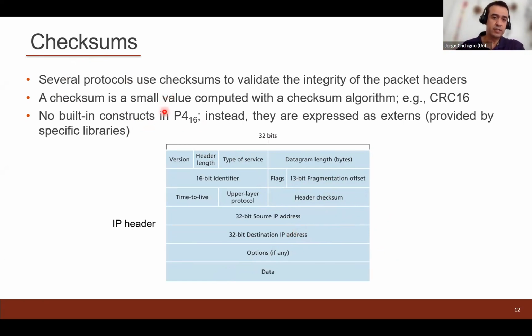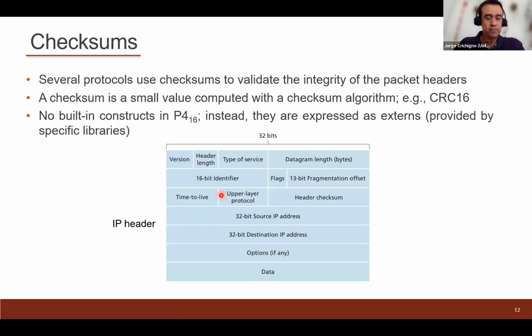And we know that there is a modification in routers. For example, the time to live is decremented by 1 every time a packet is received and processed by a router. And therefore, there will be a modification and the header checksum must be recomputed. So that's why this operation is important.